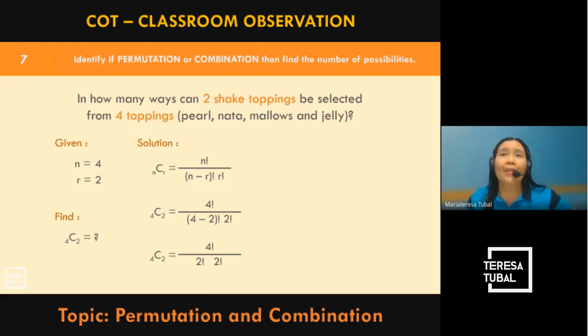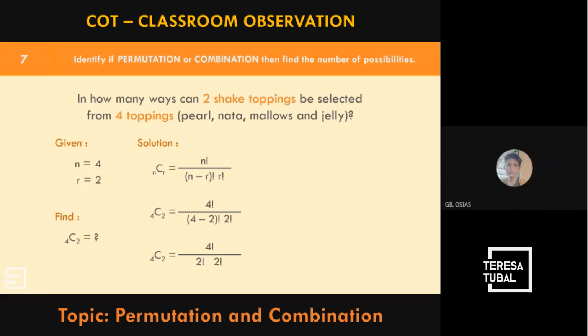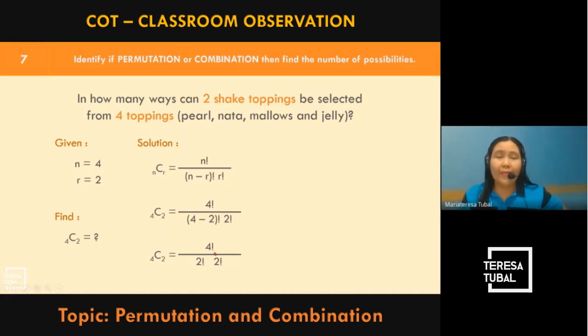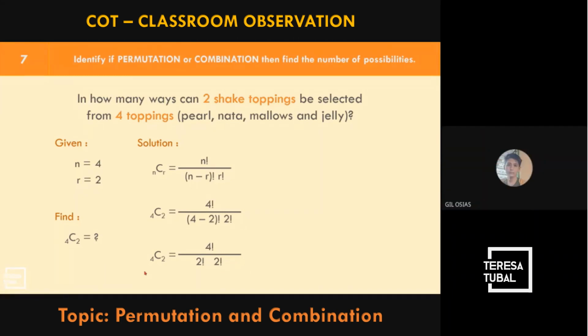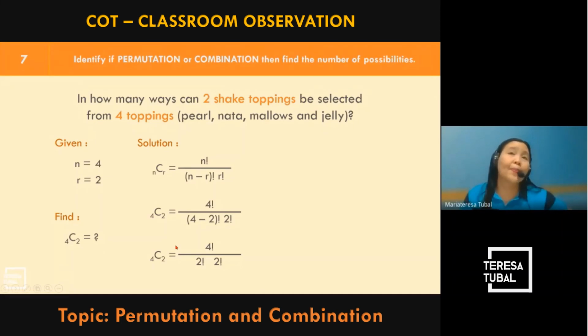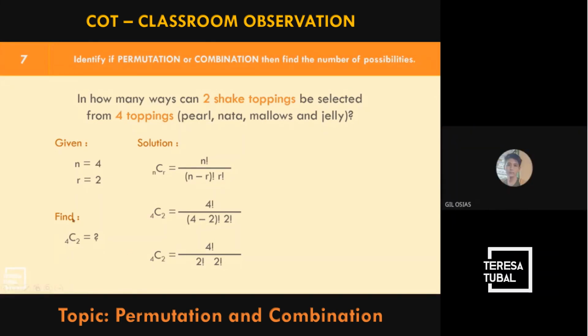Yes, Hil? Sabi niya, 4 times 3 times 2 factorial. Yung denominator ba, both ilalagay ko 2 factorial o yung isa ifa-factored form ko? Pwede na po hindi na factorial, kasi ma'am, kung 2 times 1, 2 pa rin po yung value niya.